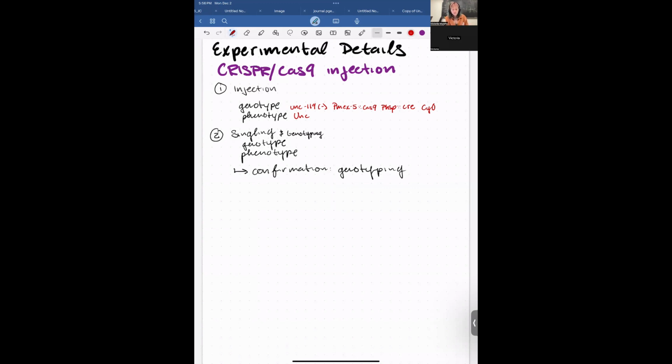And therefore, if you get the GFP insert into the genome, then you will also have expression of UNC119. Now, this expression is from a different locus than the wild type UNC119 locus, which is still mutated. But because we've rescued it alongside our GFP, now the worms have expression of wild type UNC119 and are no longer uncoordinated. This ties the phenotype of non-UNC worms to the presence of our GFP insert.